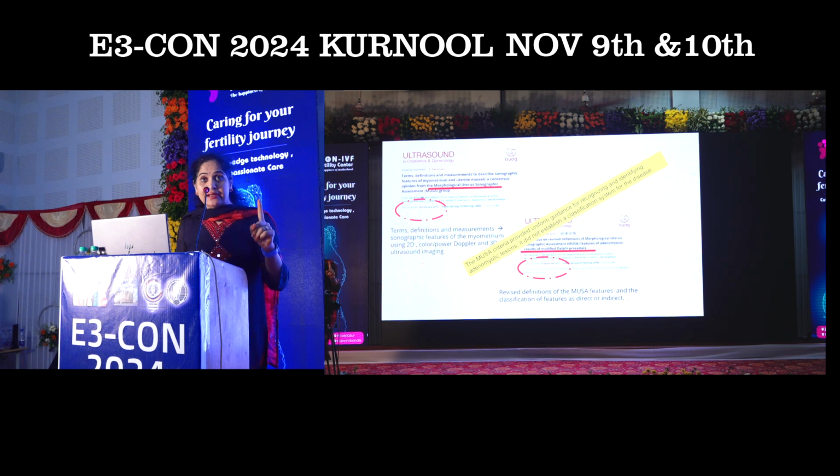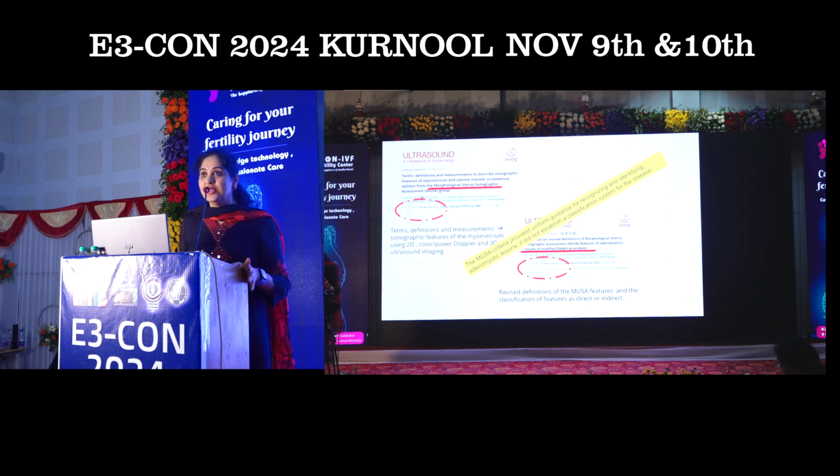It could detect, but it could not further refine what are the direct, what are the indirect signs. So this Delphi classification system in 2021 deals with recognizing and identifying adenomyotic lesions. However, still it did not propose a uniform single classification system for this disease. So here it stands regarding the imaging of myometrium.